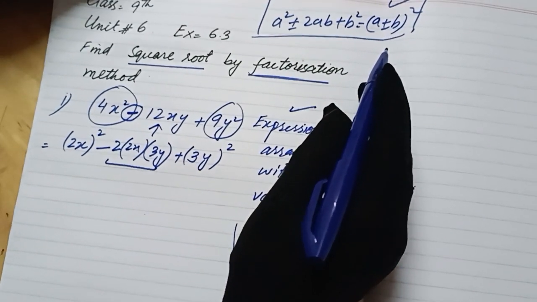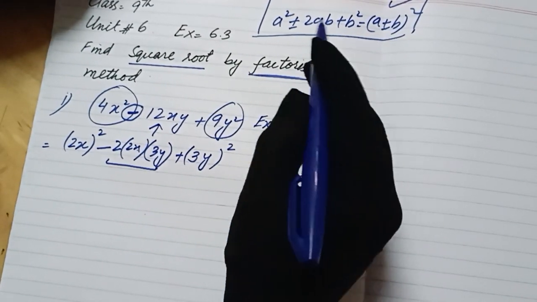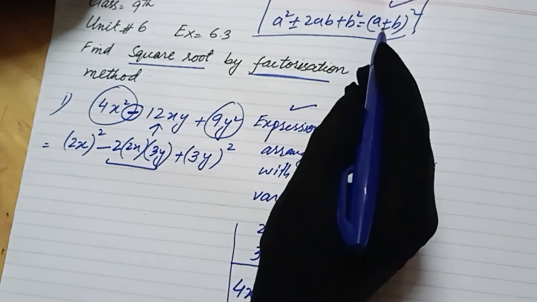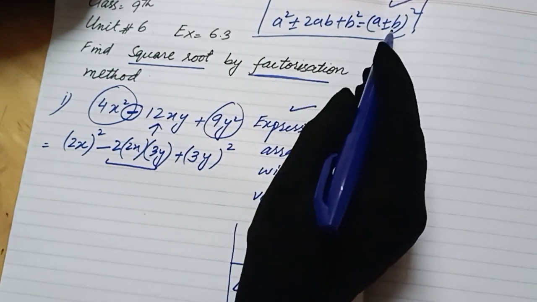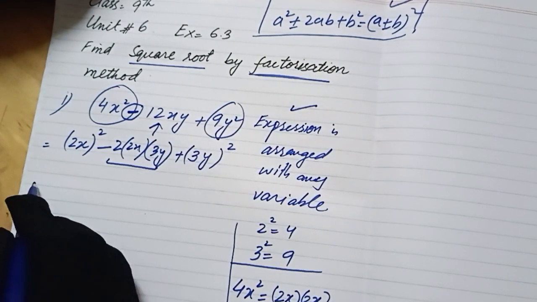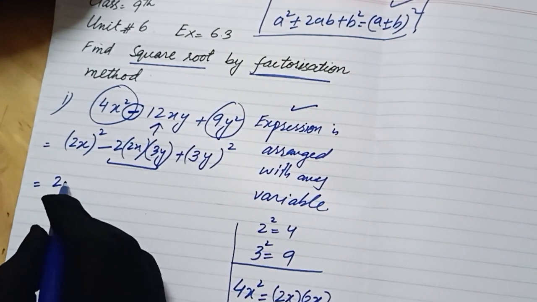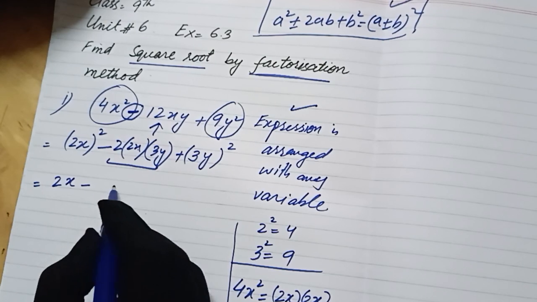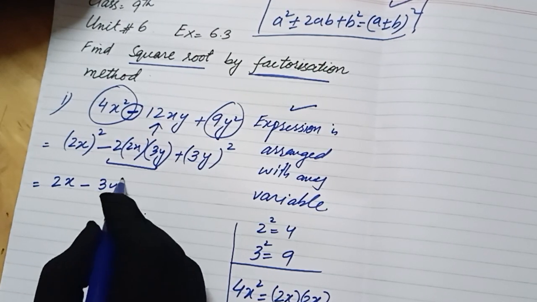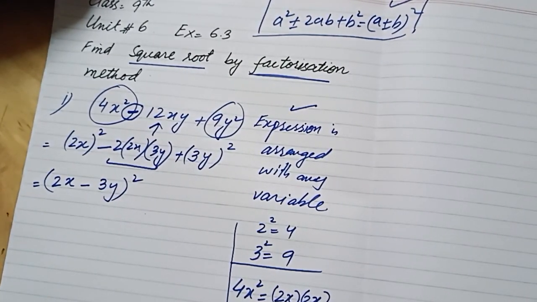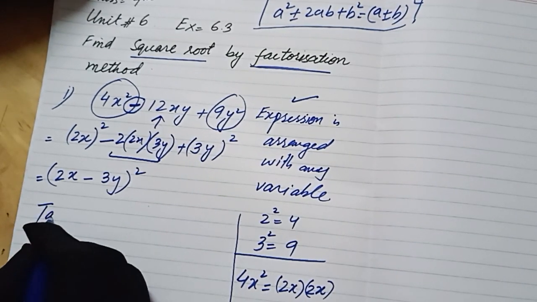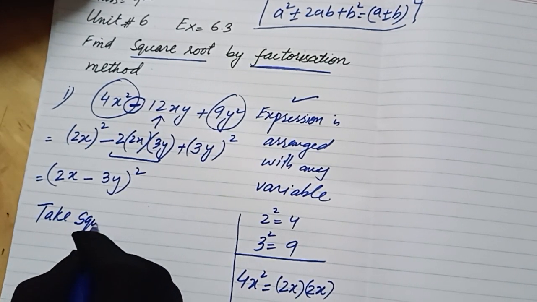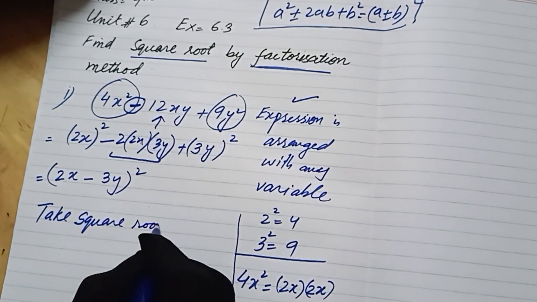We can use this as a reference: if the product term has a plus sign, it will be closed as a plus b. If the product term has a minus sign, it will be closed as a minus b. So now first term minus second term whole square, it is closed. Now you need to take the square root.